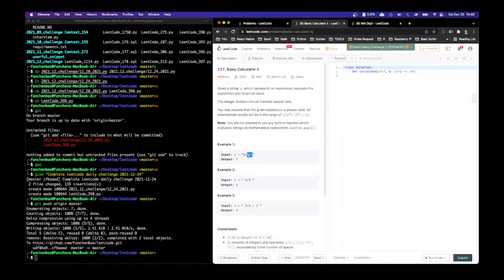It doesn't really matter. If it's a plus, we can add parentheses, or if it's a negative, it doesn't change anything. But if it's a times, we cannot just add because times has precedence.